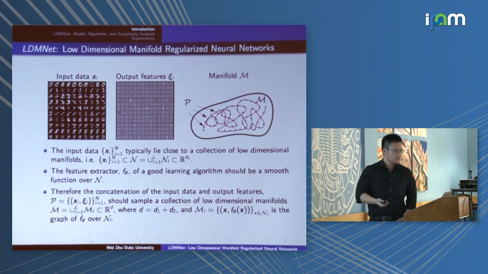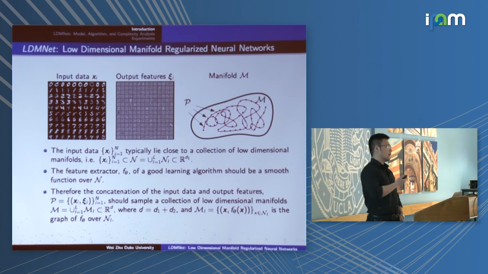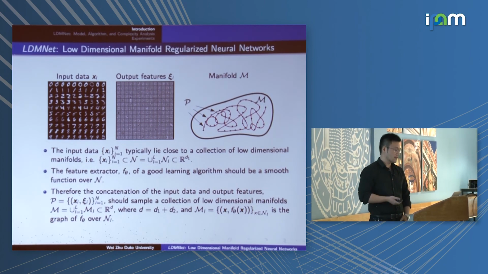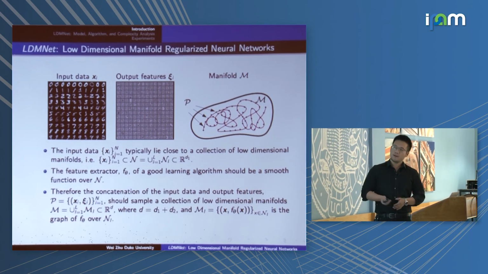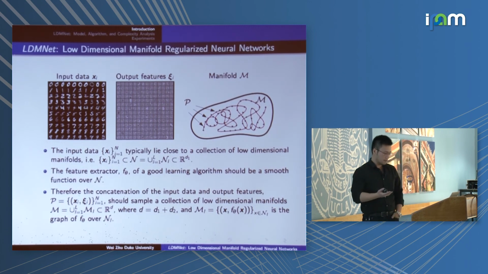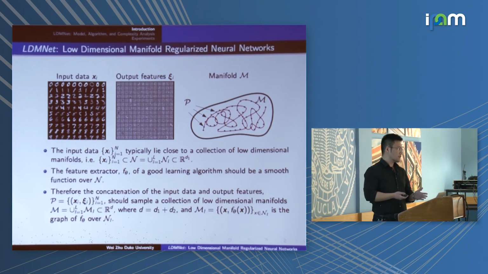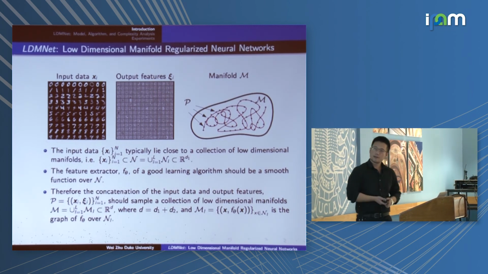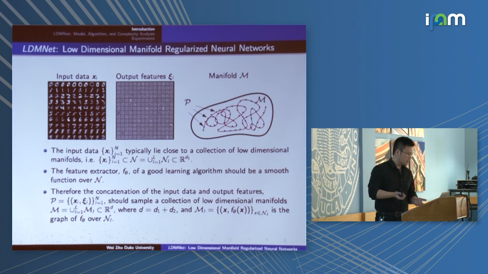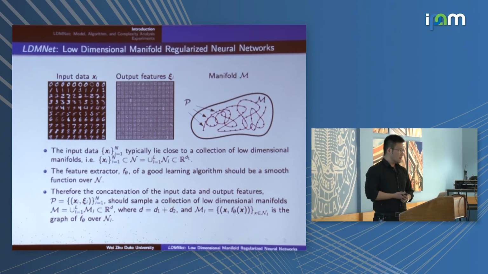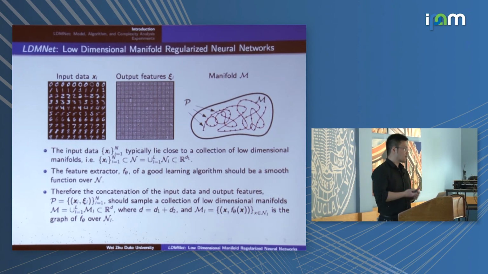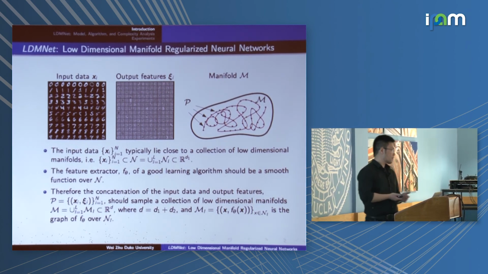Usually, data of interest typically lie close to a collection of low-dimensional manifolds. For example, if you look at the digit 1 here, in principle you only need 2 dimensions to characterize this digit 1, basically the location and the rotation. If you have a more complicated image, you can think of it, say, in a wavelet domain. In a wavelet domain, for natural images, you need to have sparse wavelet coefficients.